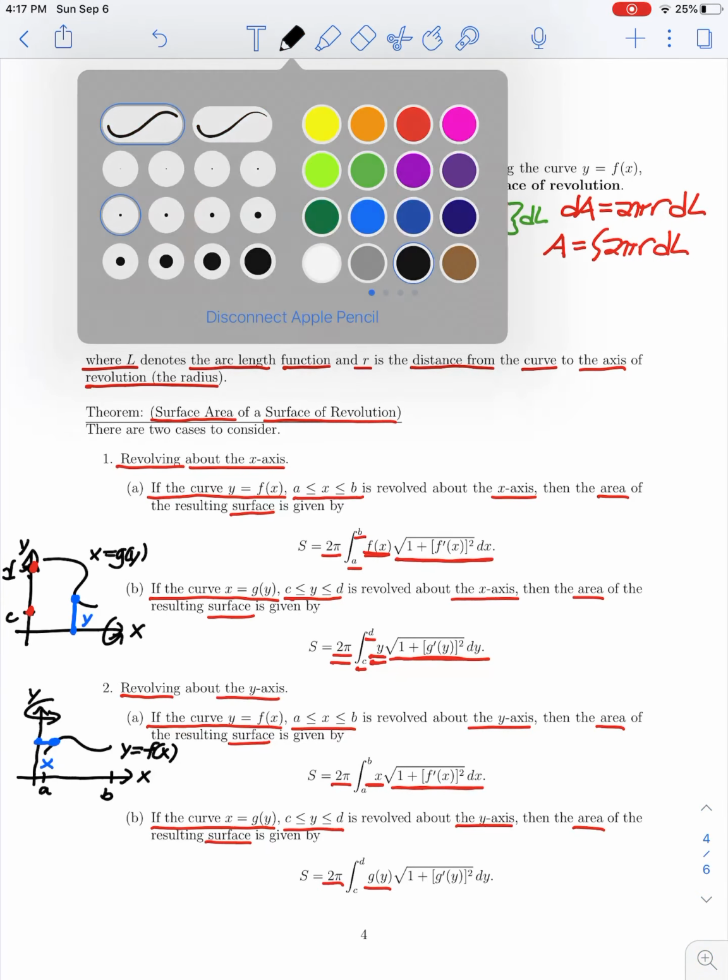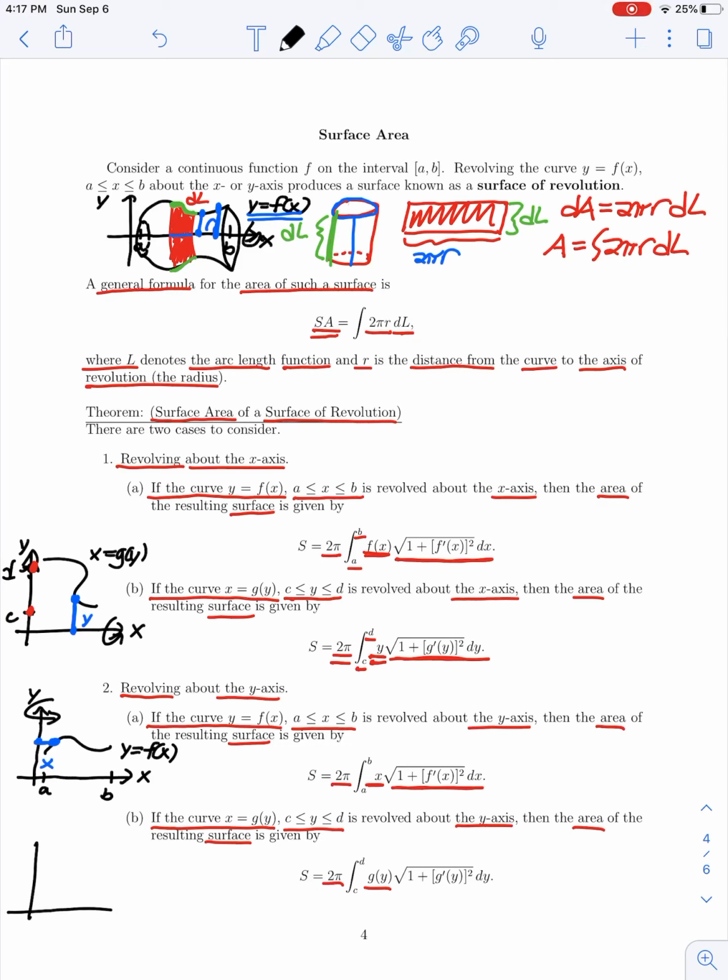So if we take the graph of our function, something of the form x equals g of y on a y interval from c to d, and we revolve that about the y-axis, the radius of our cylinder would be the distance from the y-axis out to the curve, which is what we call x. But of course, wherever we take this distance, it's dependent on the function, since x is g of y. So our radius here, r, is going to be the value of g of y.